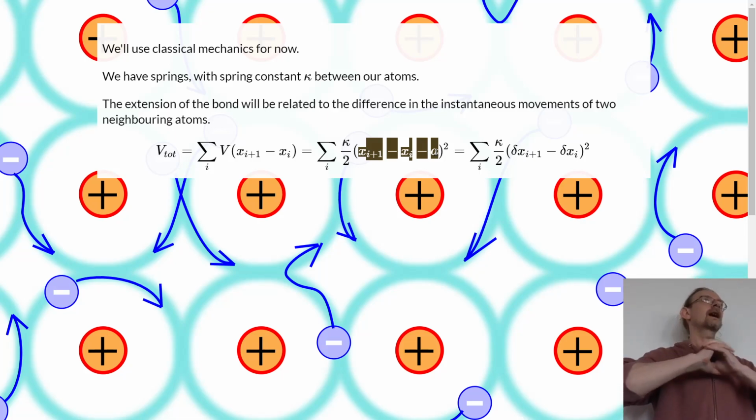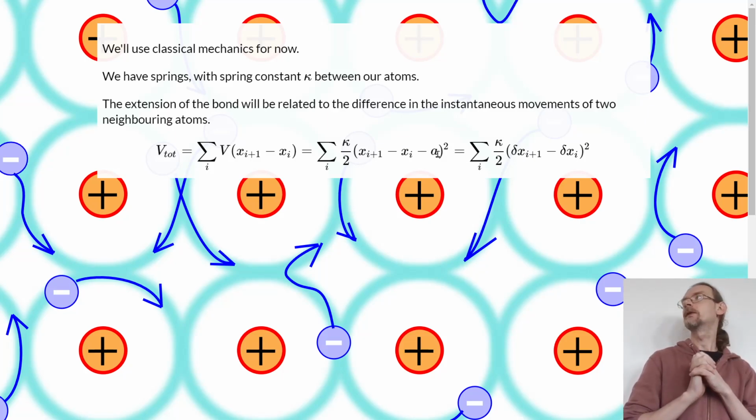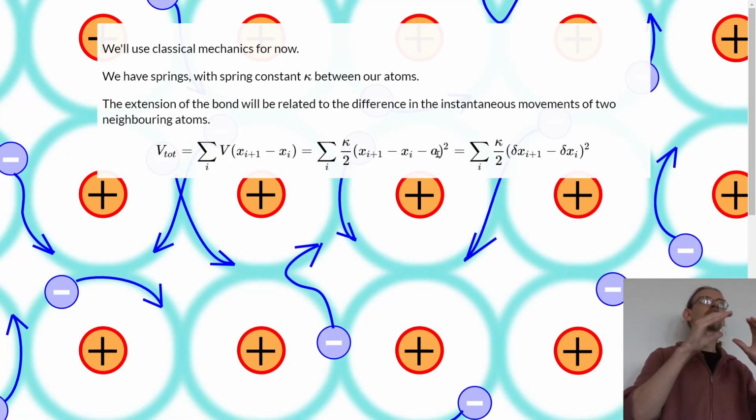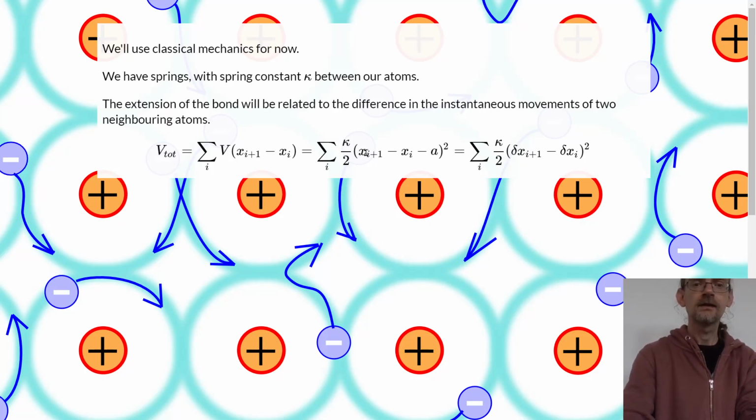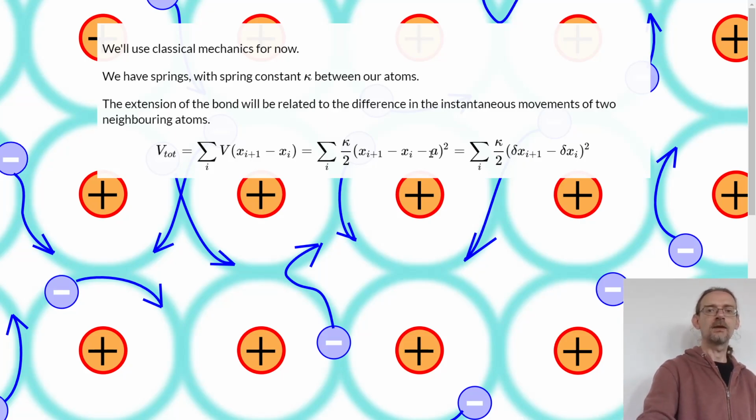And if they're happy little atoms, that will be a, that will be the distance I want to be at. And then I'm subtracting the preferred distance, our x0. So the distance between two neighbouring atoms minus a, our equilibrium distance, and we're squaring it.